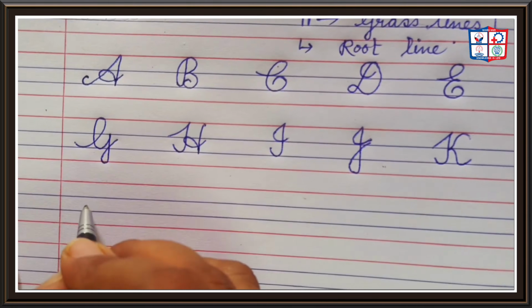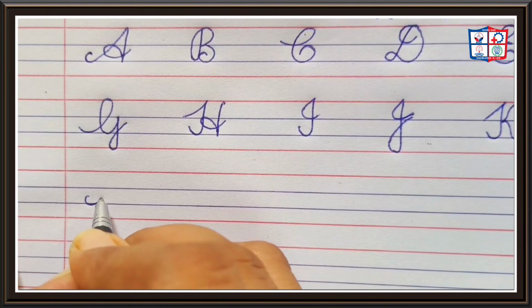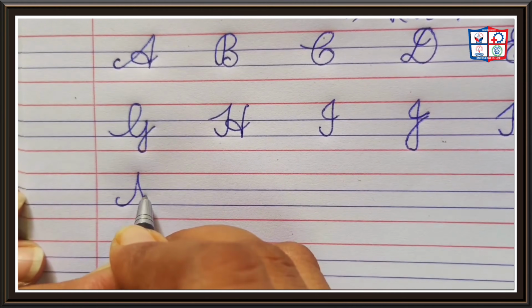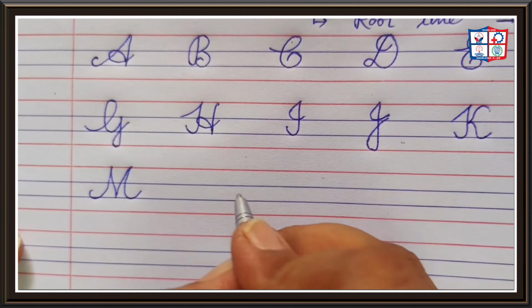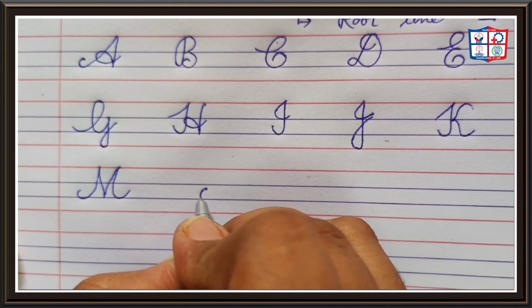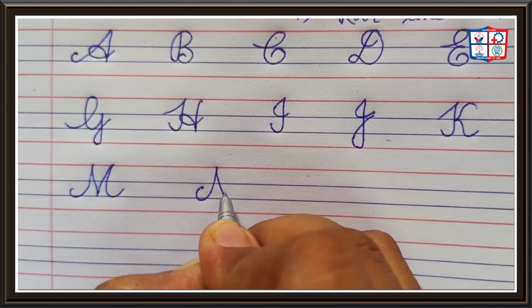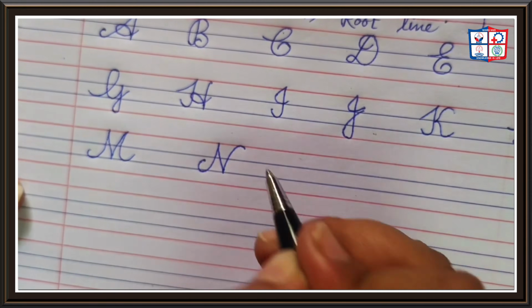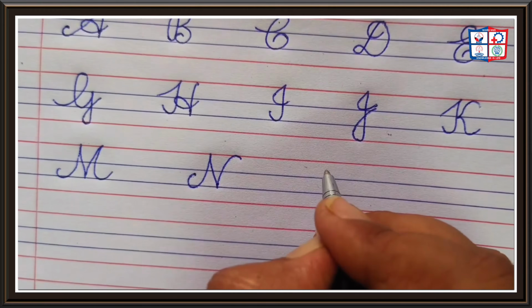L. Then M. M will start from the grass line, touch the skyline, again come to the end of the grass line, start and finish. M. Then N, it will start from the grass line, touch the skyline, get down and curve it and also touch the skyline, that is N.